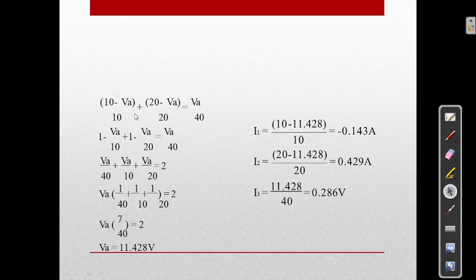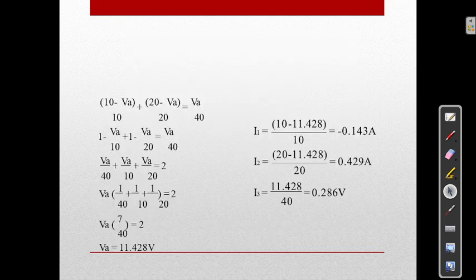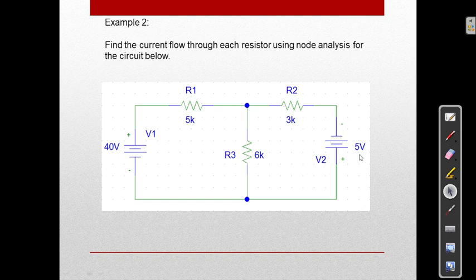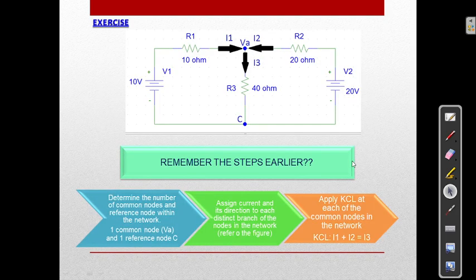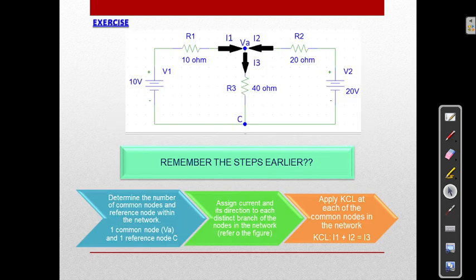So we write I1 as (10 volts minus VA) divided by 10. Then plus I2, which is (20 minus VA) divided by 20, equal to VA by 40.